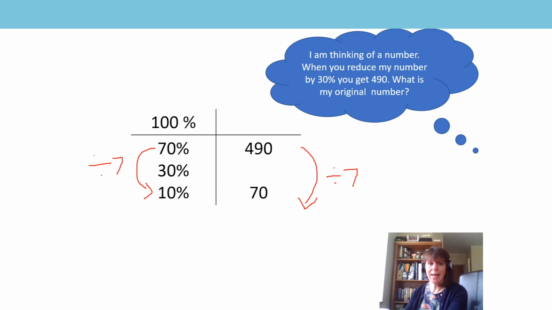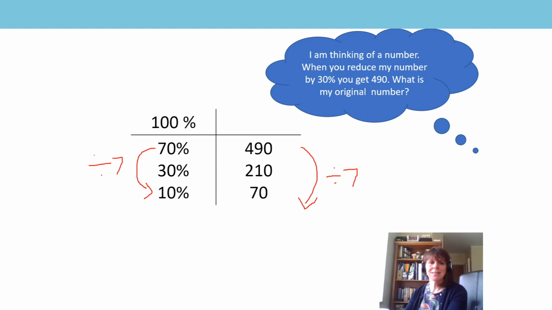Now I could work out 30% because if I know 10%, the relationship to work out 30% is I would multiply by 3. And 70 multiplied by 3 equals 210.